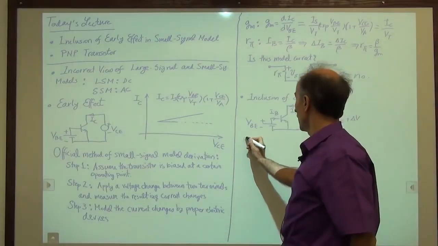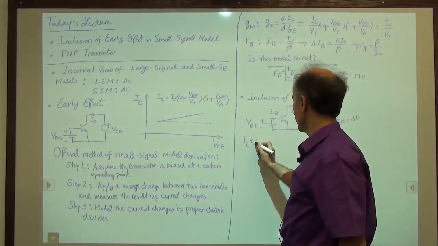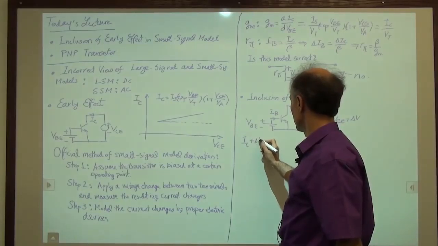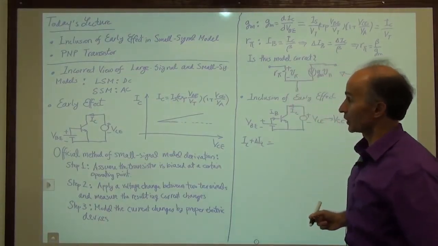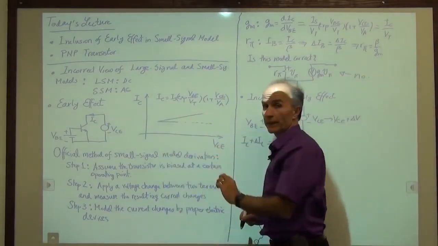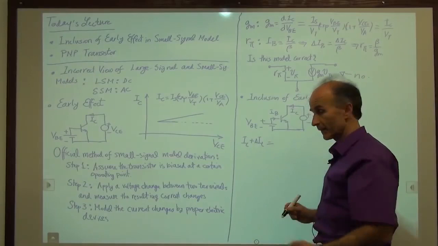So we can say IC plus delta IC is equal to, because I know that IC is no longer the old IC. There's a new IC, so that new IC is called IC plus delta IC.